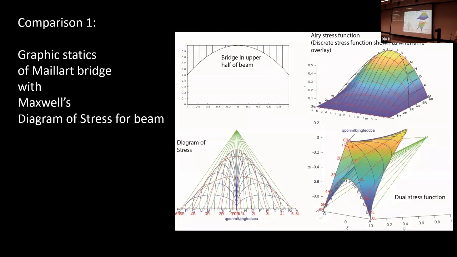Pick a different truss. Oh, and I've superposed it here. I've actually superposed it so you can see the graphic statics superimposed on the Maxwell diagrams. So they're not very far distant from each other. It's a different structural form, but there's a lot of similarities between the discrete version and the continuous version.